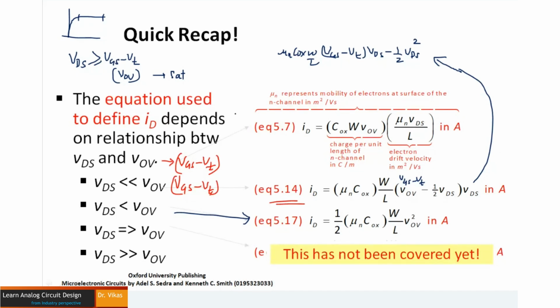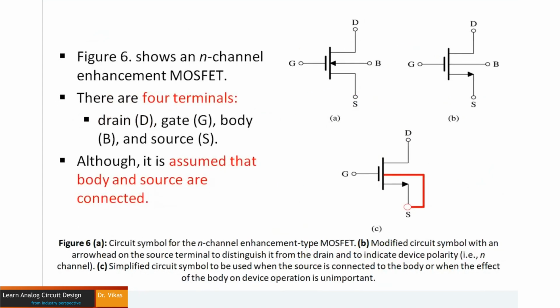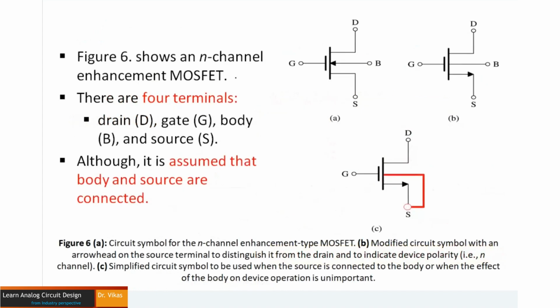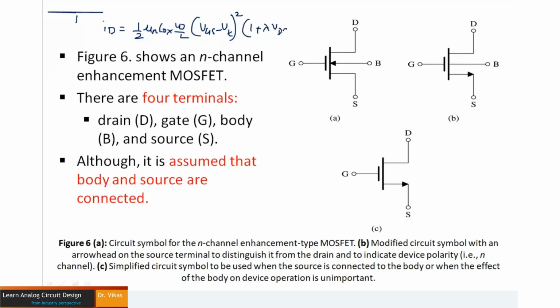That is represented by this particular equation, where ID can now be represented as 1 by 2 mu n Cox W by L times VGS minus VT whole square times 1 plus lambda times VDS.